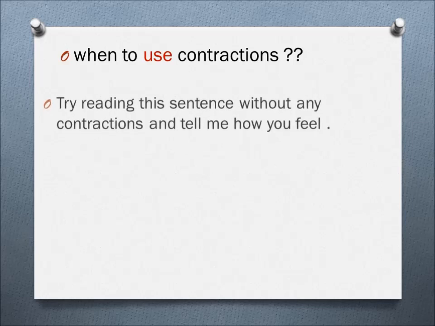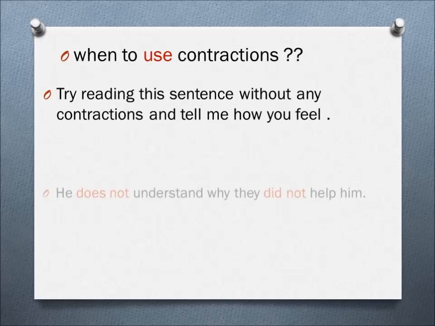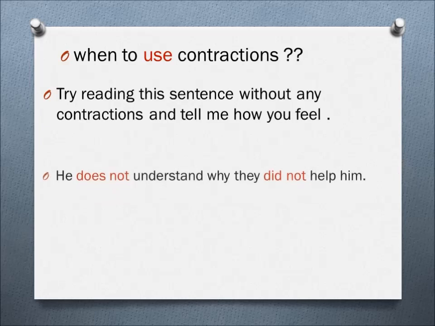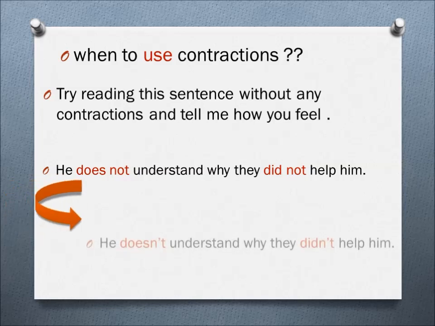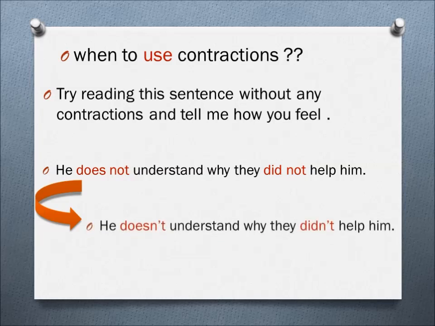Now, I want you to close your eyes and listen to this sentence, okay? Are you closing your eyes? I can see you. He does not understand why they did not help him. Now open your eyes and tell me how you feel. I guess this is very robotic, and this is not very meaningful. Now close your eyes again.